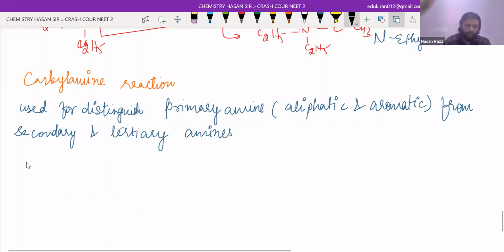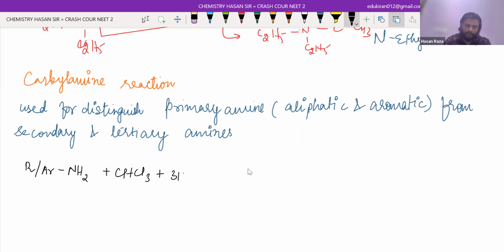So basically what we do here, when we react a primary amine with chloroform in the presence of base, then you will be getting this compound, isocyanide, along with 3KCl plus 3H2O. This is your primary amine.